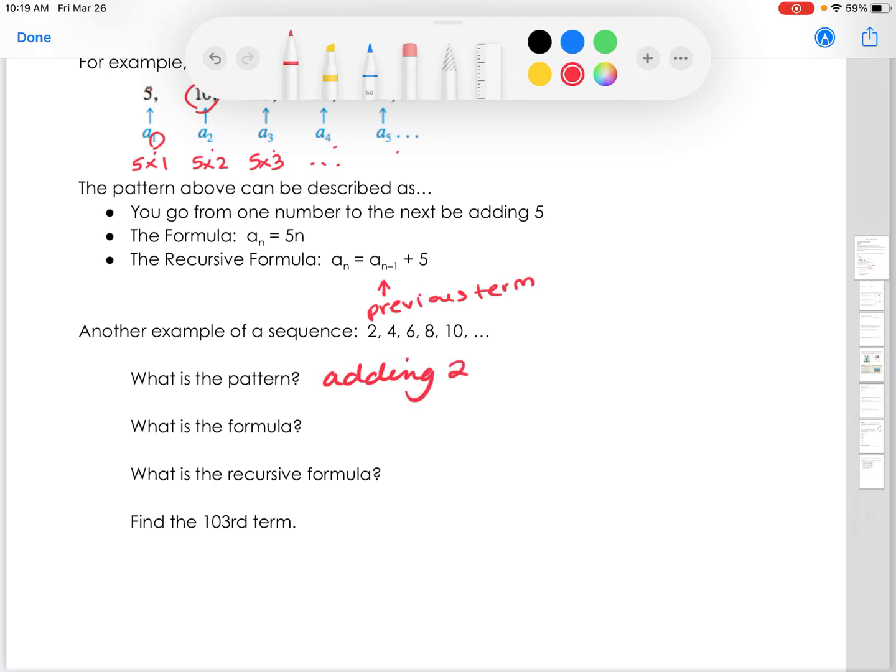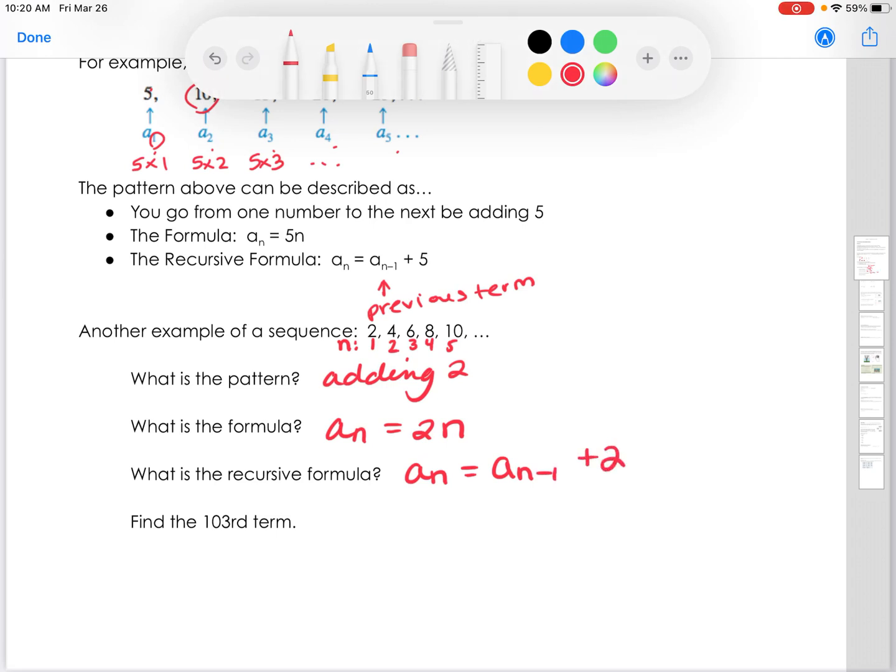The formula would mean a sub n is equal to, remember this is the first, the second, the third, the fourth, the fifth, I can say I'm multiplying 2 by 1, 2 by 2, 2 times 3, 2 times 4, 2 times 5. So 2n, whatever the n is, that's the number of the term. The recursive formula would be saying that we're using the previous term. So the previous term plus 2 is going to give us the new term.